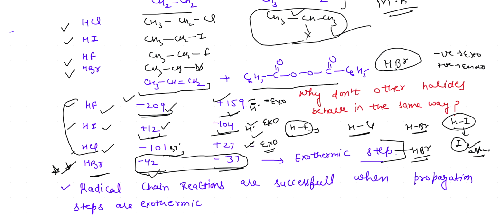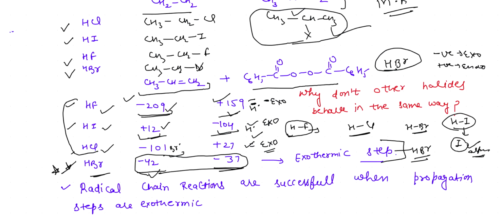But in the other cases the energy is not sufficient for the other step to take place. So that's why the peroxide effect or Kharasch effect, the anti-Markovnikov effect, is found in case of HBr.